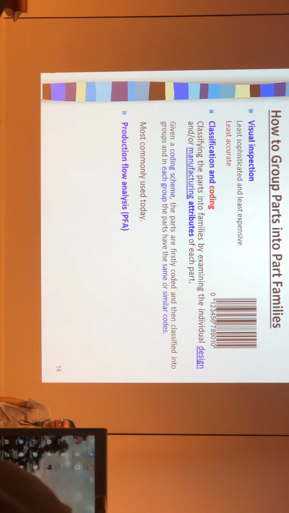If you have a coding system, then for all the parts that come in, depending on the attributes you use for the coding, every component could have a code, and you can do this manually or whatever.